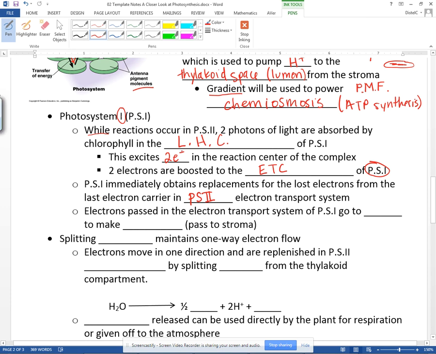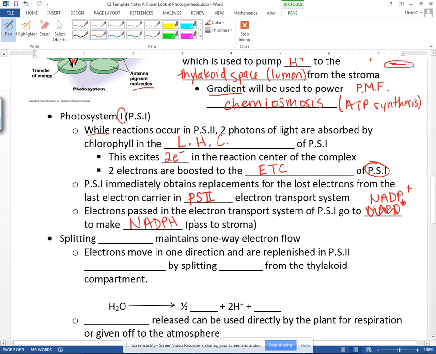Electrons passed in the electron transport system of photosystem 1 actually go to NADP plus to make NADPH. So here is our electron carrier. This guy, NADP plus, does not have electrons.